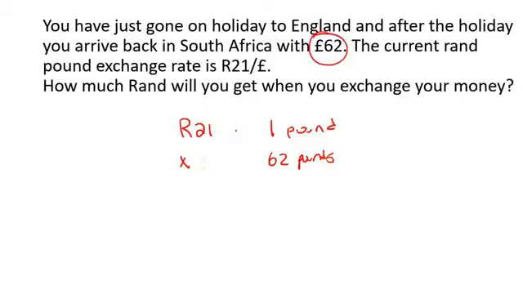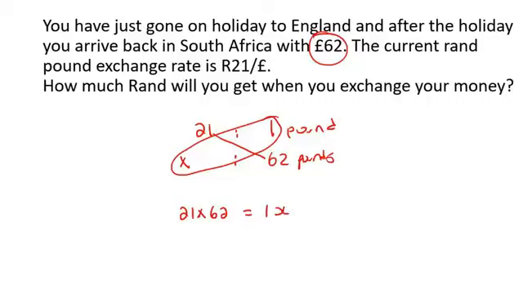Now, if you have £62, we need to figure out how much rand that would be. Once again, whenever you have a situation like this, just multiply those two. So 21 multiplied by 62 equals, and then multiply these two, 1 multiplied by x. And so that's going to be 1,302 equals x. And so that means you are going to end up with 1,302 rand.